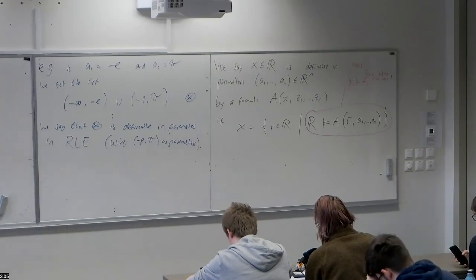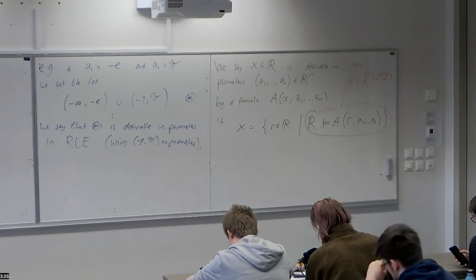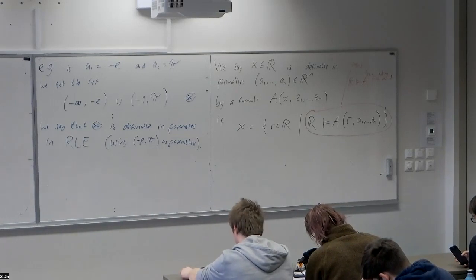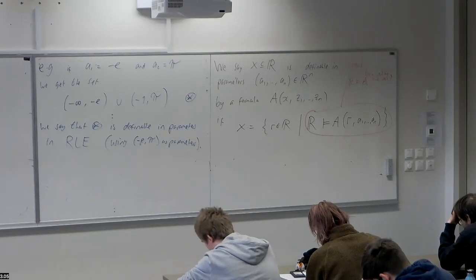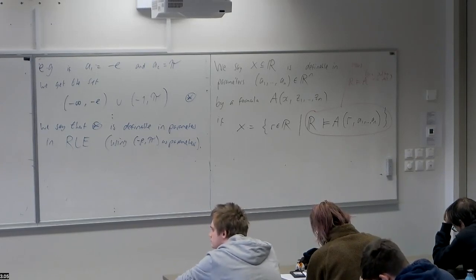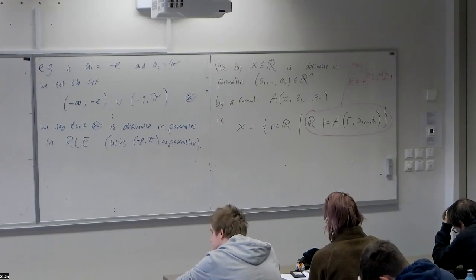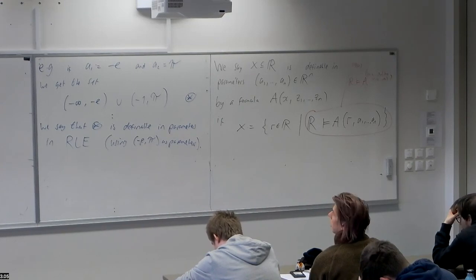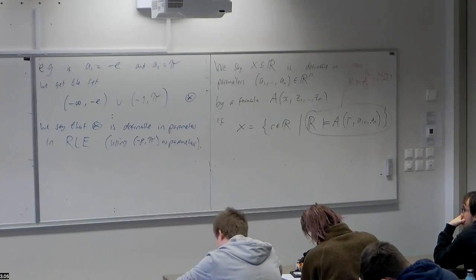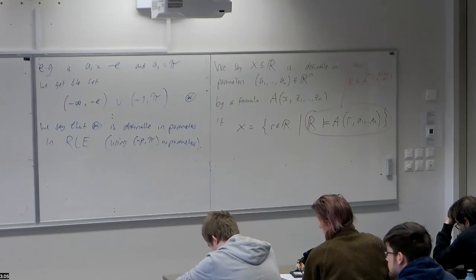So the theorem, which is an easy consequence of quantifier elimination in our case, is that a set X is definable in parameters using a formula in the theory of rational linear expressions, definable in parameters by a formula A(X, Z1, up to Zn), if and only if X is a finite union of intervals.